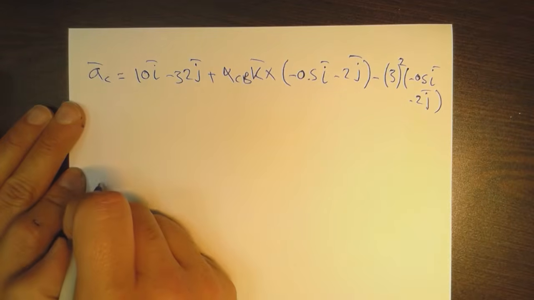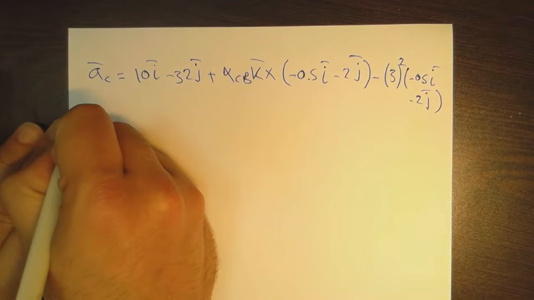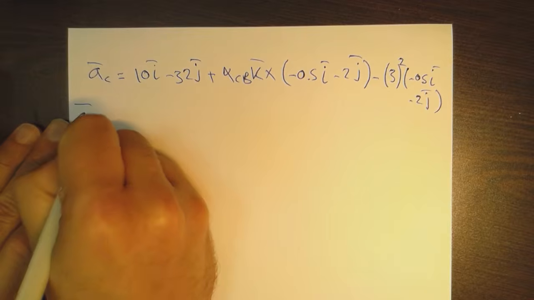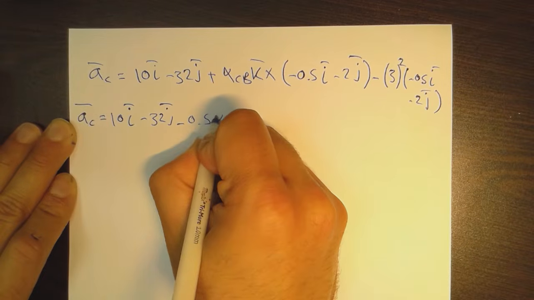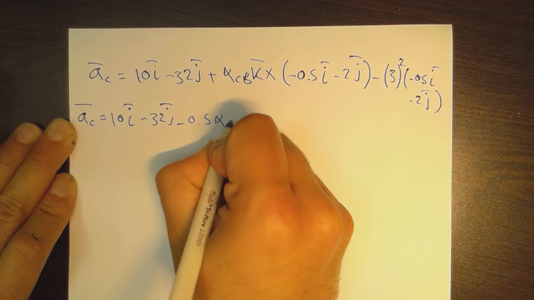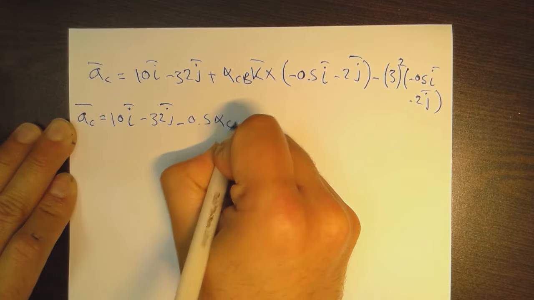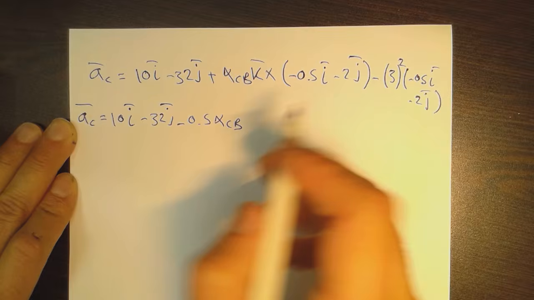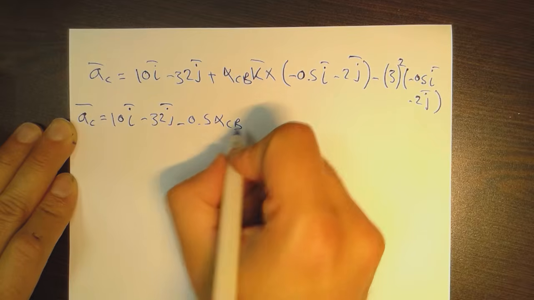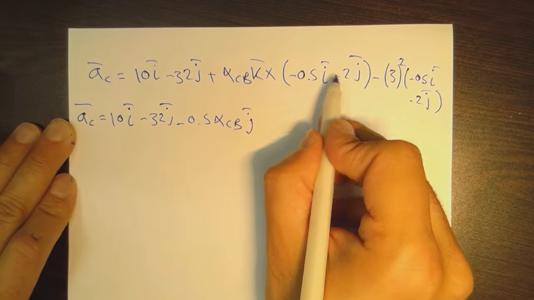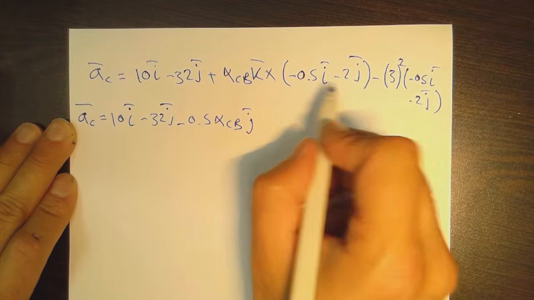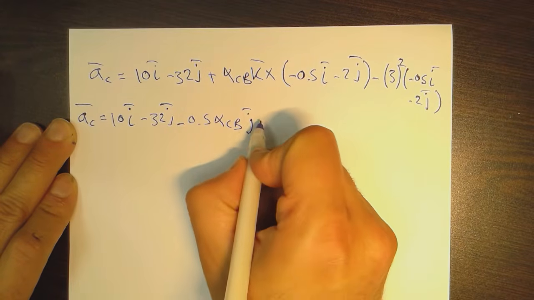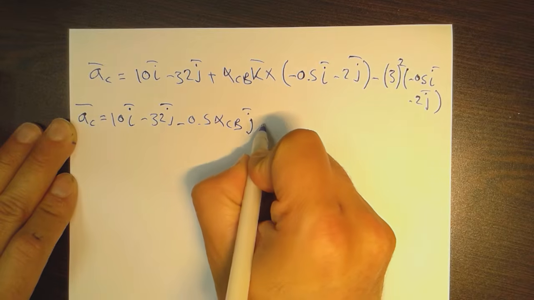Solving this would give us AC equals 10I minus 32j minus 0.5 alpha CB. We multiply this with that, but K times I would give us J, of course. This times this would give us a positive value because the minus would cancel. The minus times minus would give us a positive I. So this is plus 2 alpha CB.